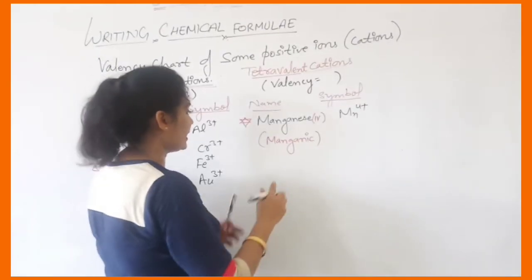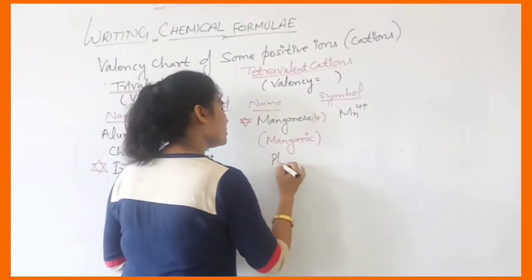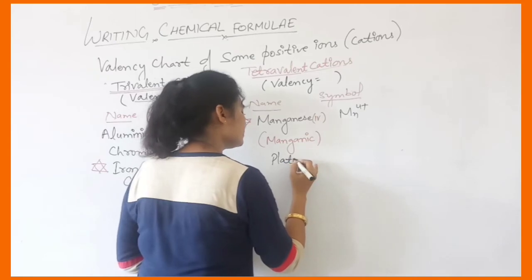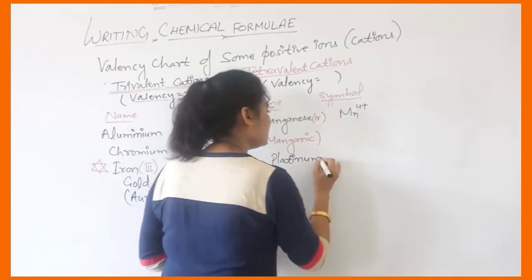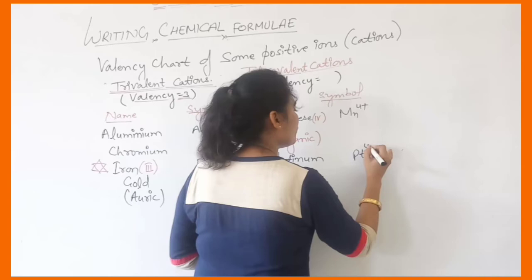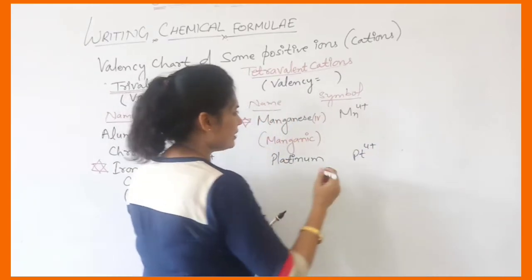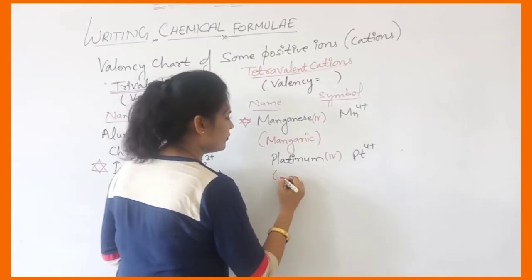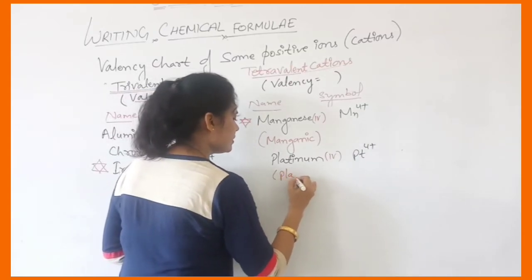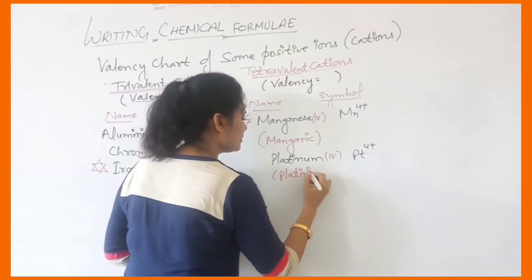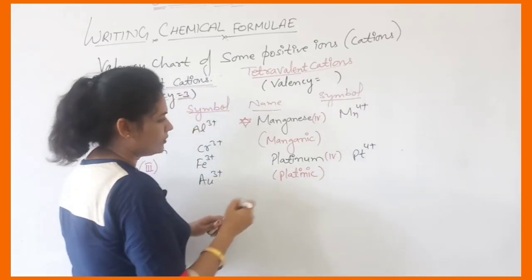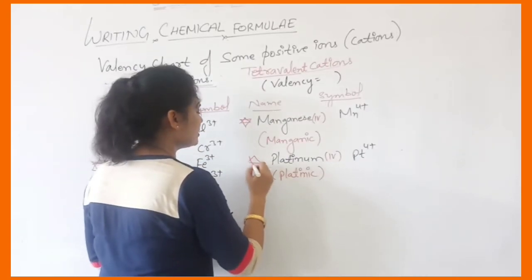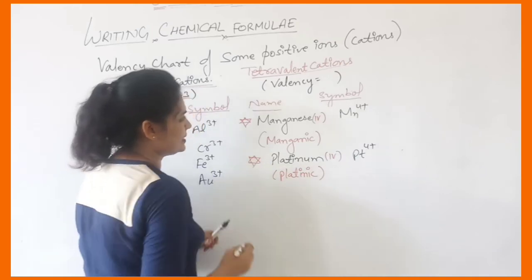So, we will write next platinum Pt4 positive. Here we will write the valency 4, and the name of cation is platinic, and we will make a star here because it shows variable valency.